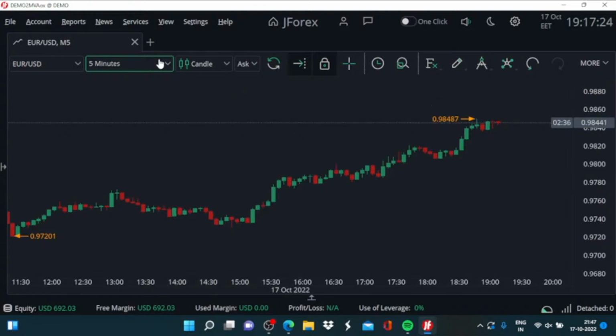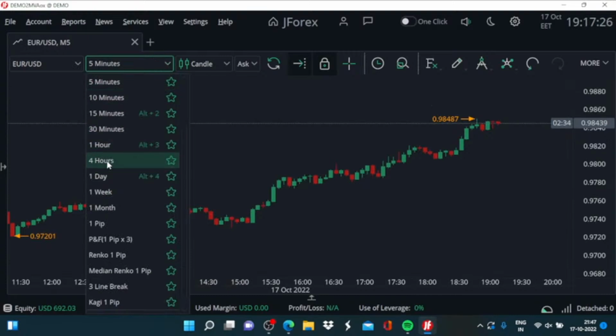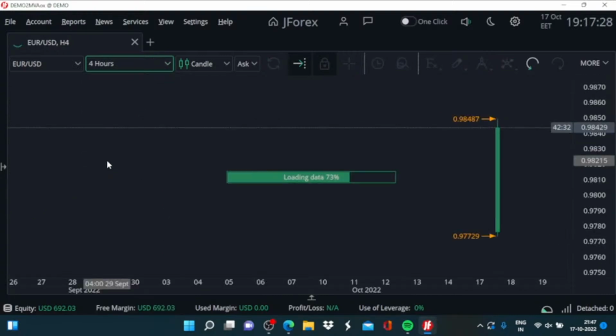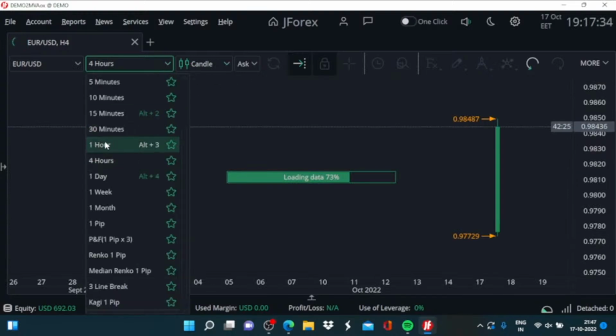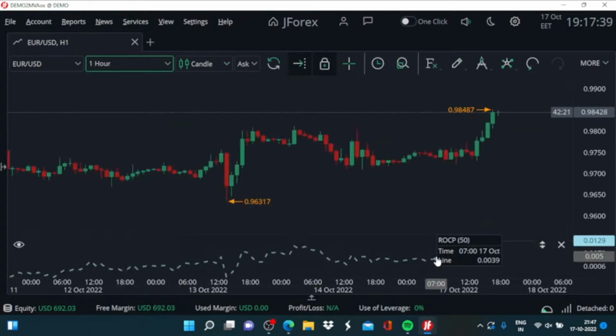So here we don't really have the ROCP plotted, as we are using these other candle periods on which we don't have the indicator defined. Now I will restore it back to hourly, so we get our ROCP indicator back.